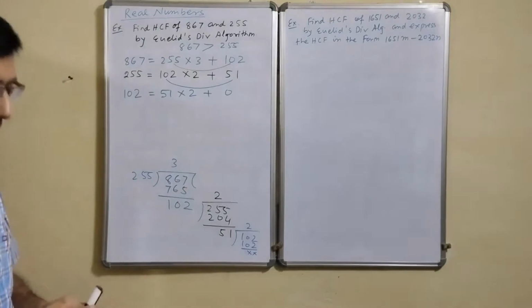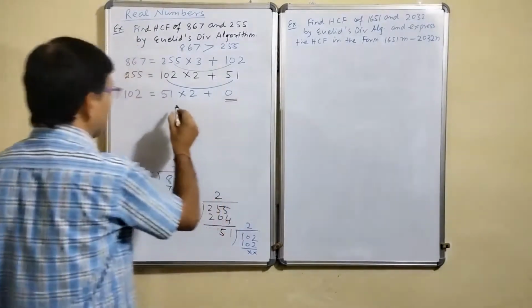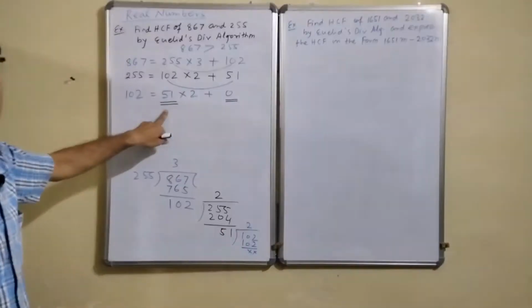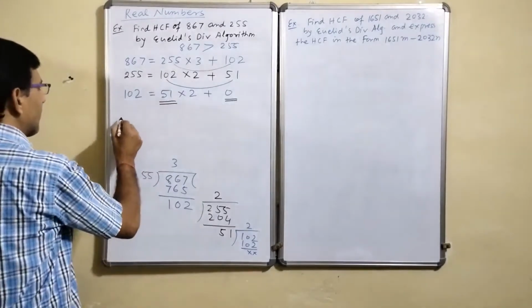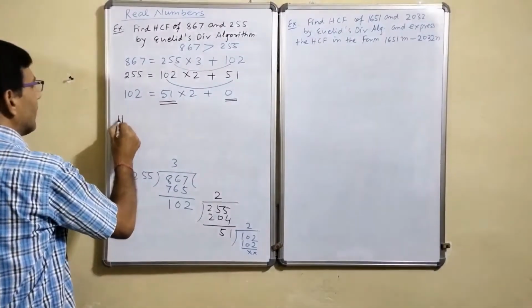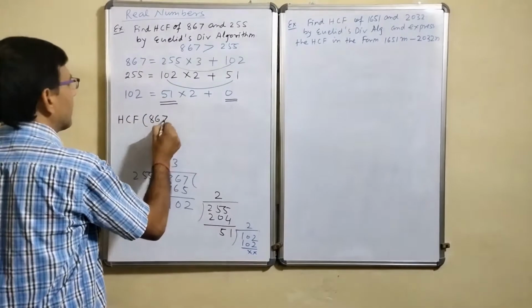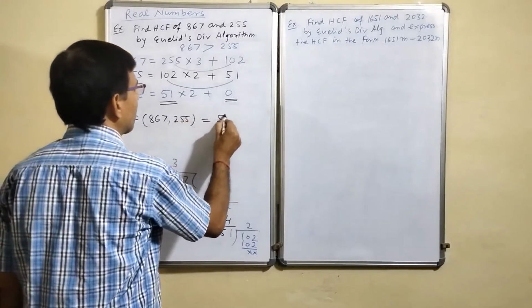Now here we have remainder 0. So therefore the divisor at this stage is 51, and the required HCF of 867 and 255 is nothing but 51.